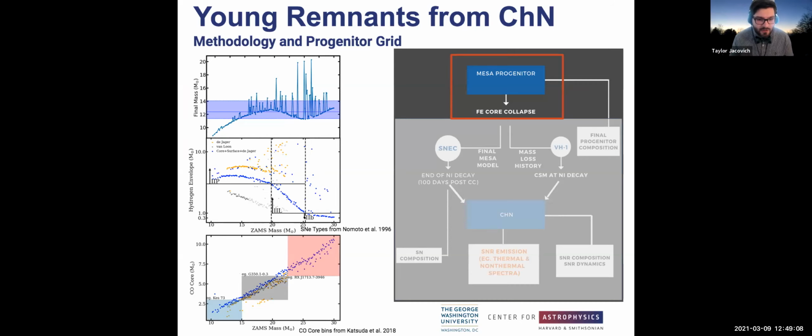I'm going to focus mainly on these bottom two plots, where we cover the different mass loss mechanisms that we used, and we compared them against derivations for the various supernova progenitor types. Based on the hydrogen envelope that was left at the end of the star's life cycle at iron core collapse, we were able to discern what the probable supernova type would be, from Nomoto et al. And our values are in reasonably good agreement.